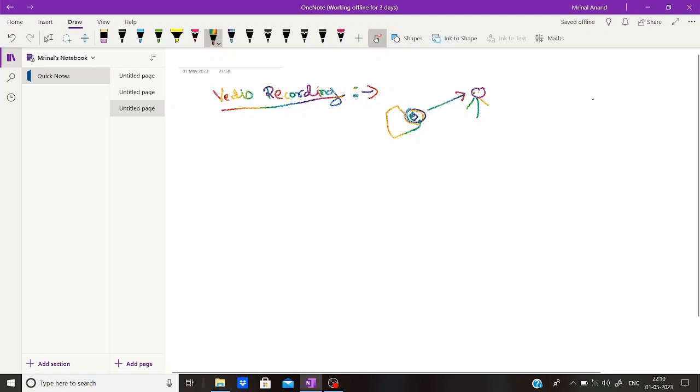First of all there will be some source of illumination. So suppose this is the sun, and the radiation is falling upon that person in the daytime.